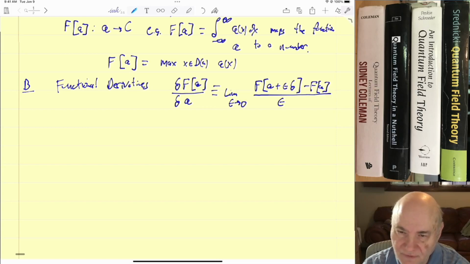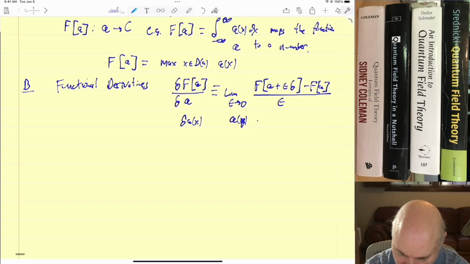So it's kind of like you have your function and you vary it at only one point. Sometimes they put in del a of x, to emphasize that you're evaluating this at the point x. So here you would have the function a of y everywhere.